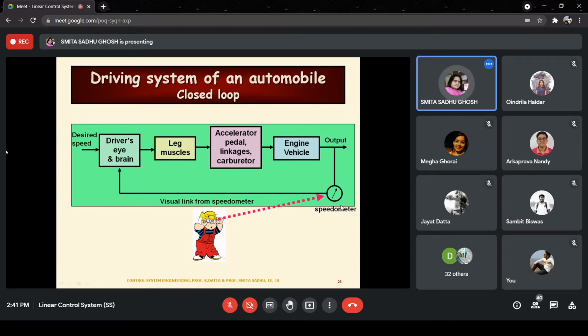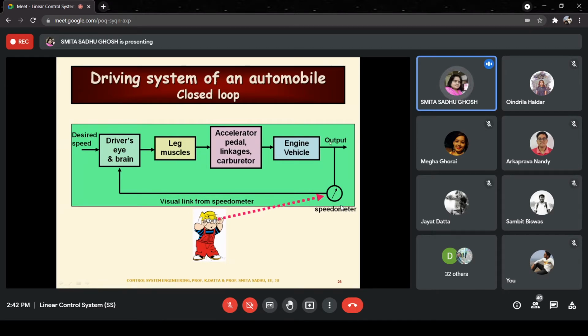So now, if there is a desired speed that must be maintained, it is desirable that the output is going to have that value. Meaning, for example, if the desired speed is 30 kilometers per hour, the output has to be 30 kilometers per hour.